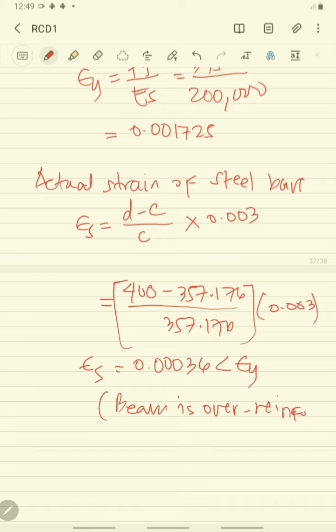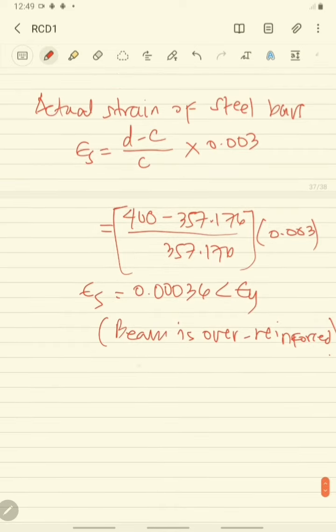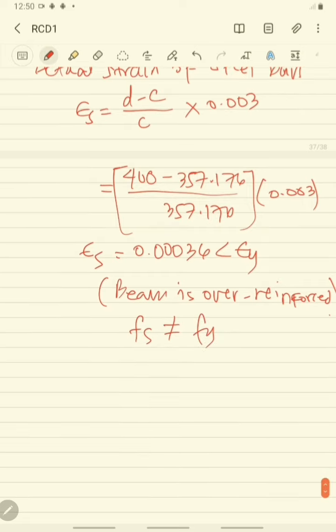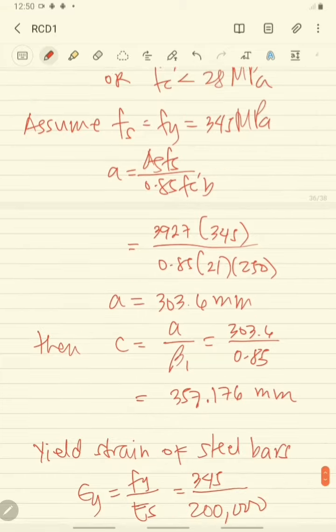For an over-reinforced beam, your Fs is not equal to Fy. Therefore, our assumption is wrong. First we assumed that Fs is equal to Fy, and it is not equal.